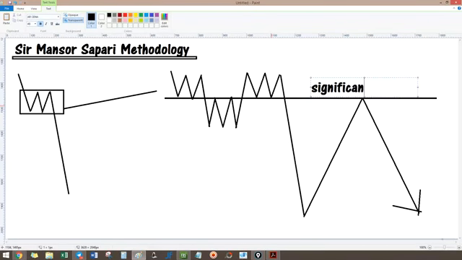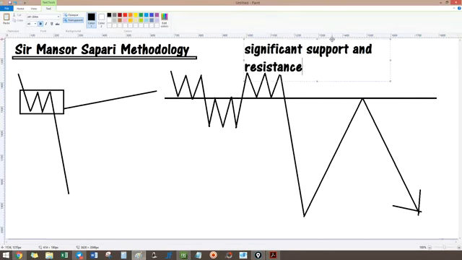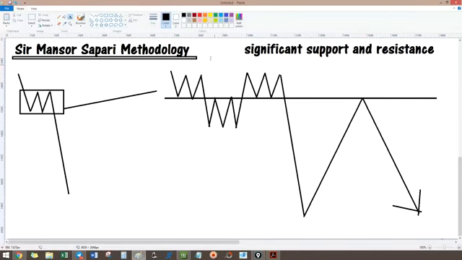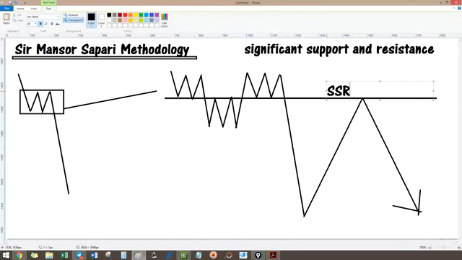Semanso will call this significant support and resistance. Okay, or SSR, SSR level.